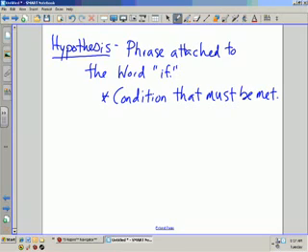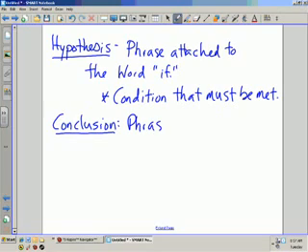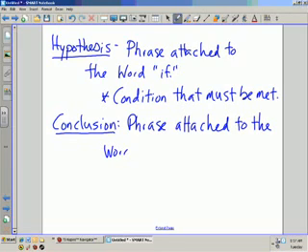The other part is the conclusion. The conclusion is the phrase attached to the word then.